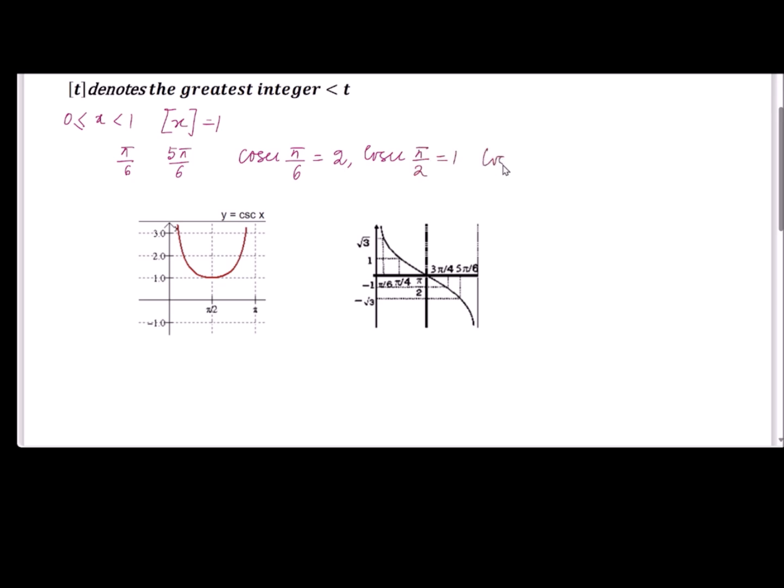Again cosec 5 pi by 6 is the same as cosec pi by 6, that is 2. So the value is from 1 to 2. So cosec x within the greatest integer function equals 1, with 1 included. It cannot be 2 because we take the minimum value. So it will be 1.